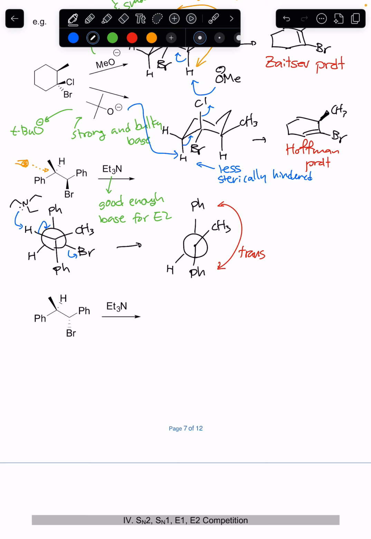Because when that proton was taken off here, this product could have actually looked like this, or it could have looked like that, depending on which way this bond was rotated.